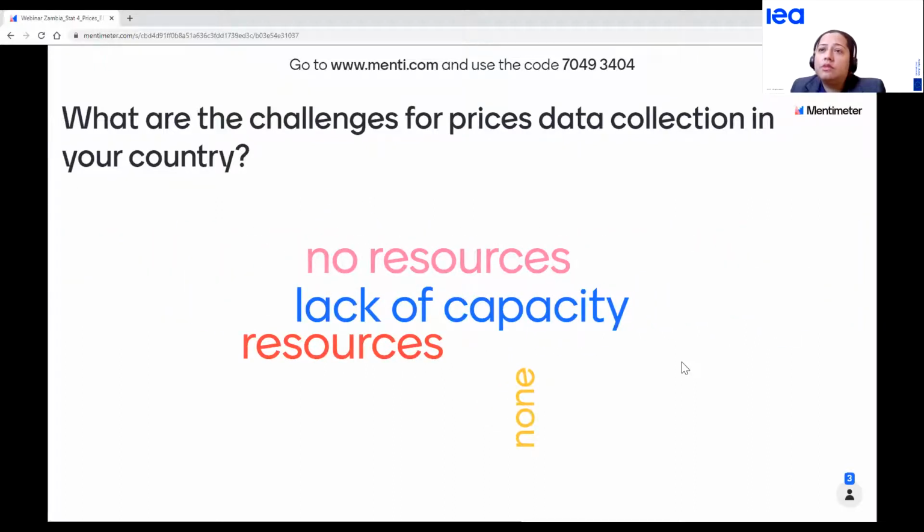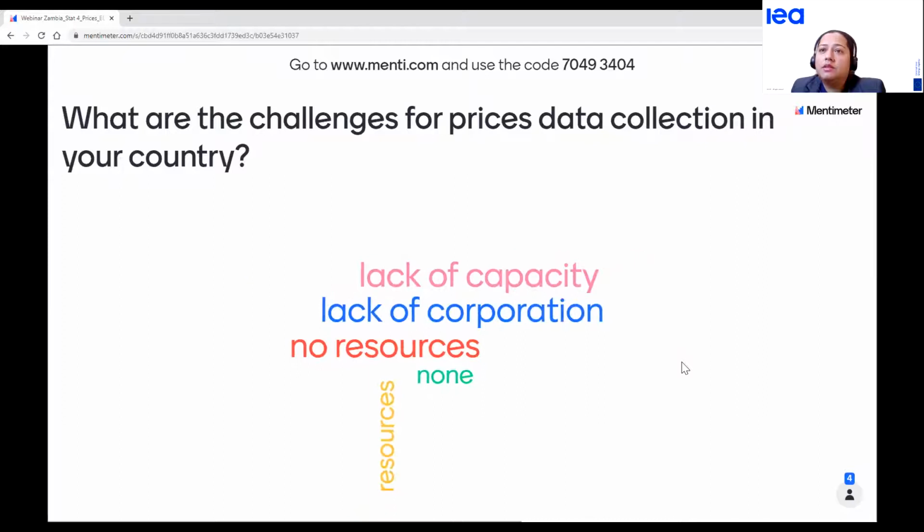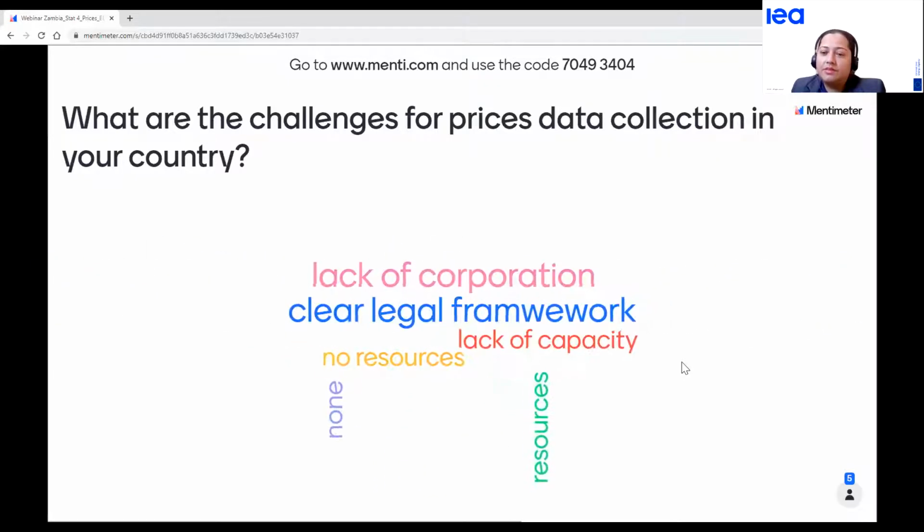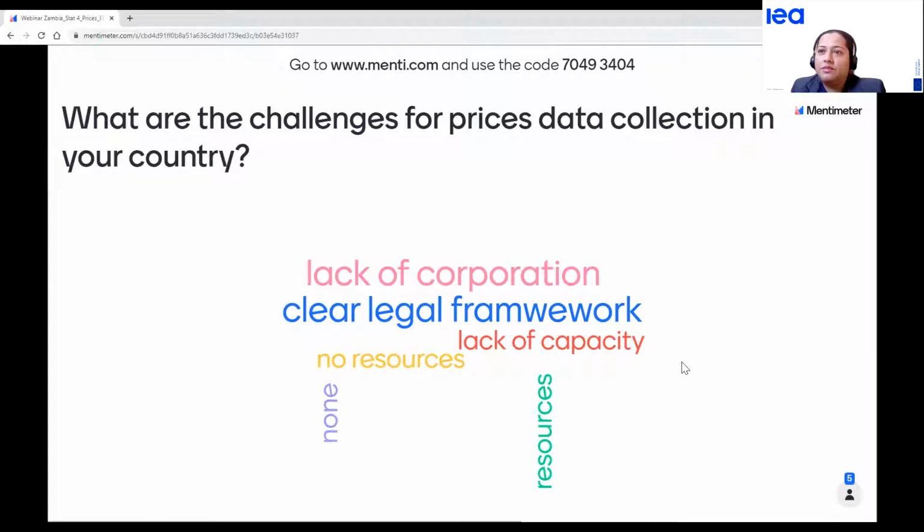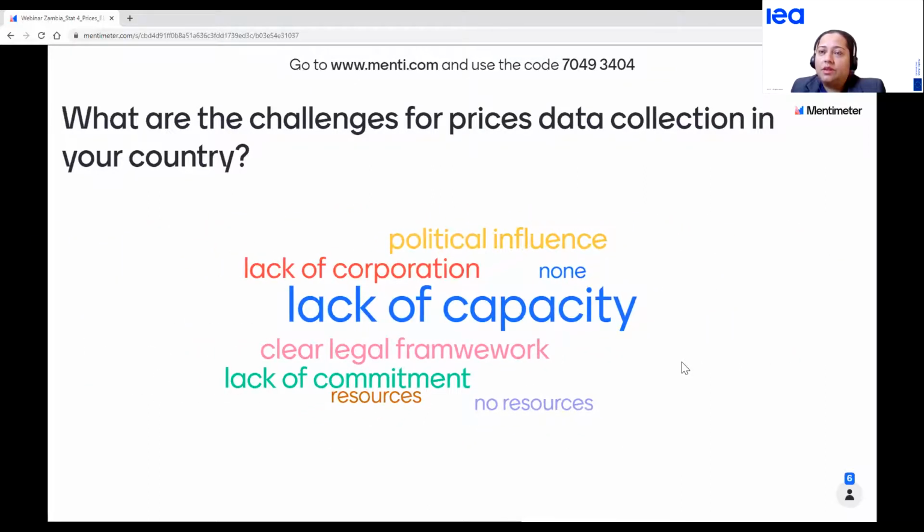No resources, lack of capacity, lack of cooperation. Indeed, sometimes even if you have all the goodwill to collect the prices, if on the other side there's no cooperation from the different stakeholders, then it doesn't work.